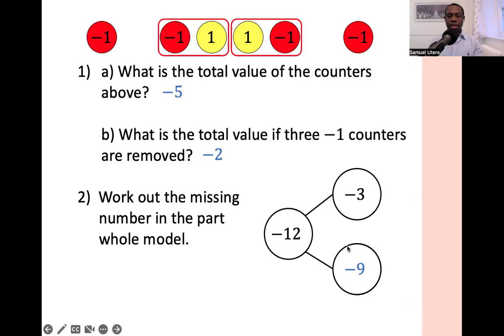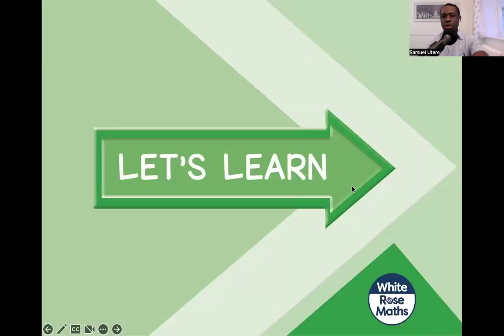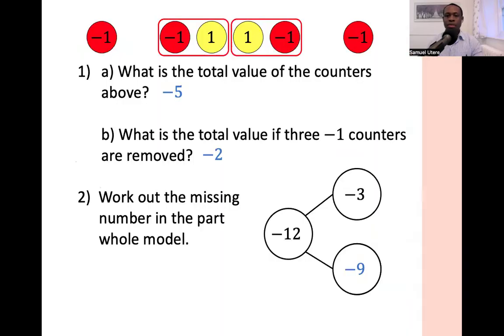So we're being asked, what do we have to add to -3 to get -12? Another way of thinking about it is, how many jumps would you have to make to get to -12? To get to -12, you're going to have to make 9 jumps or 9 steps to the left of your number line, which means it's going to be -9. Remember, if you're making steps to the left of your number line, it's negative.